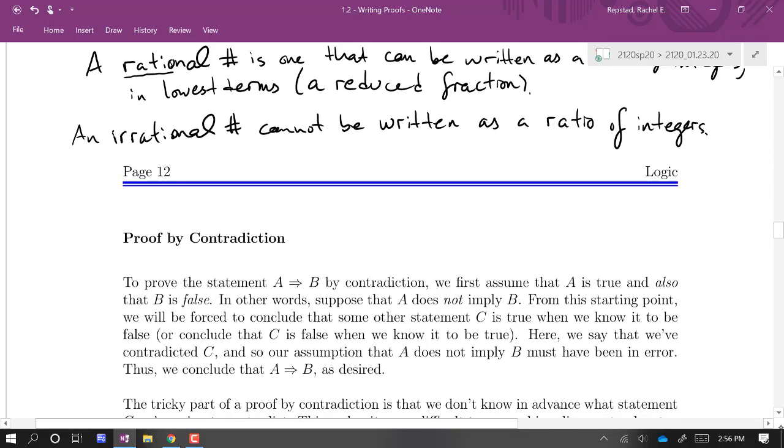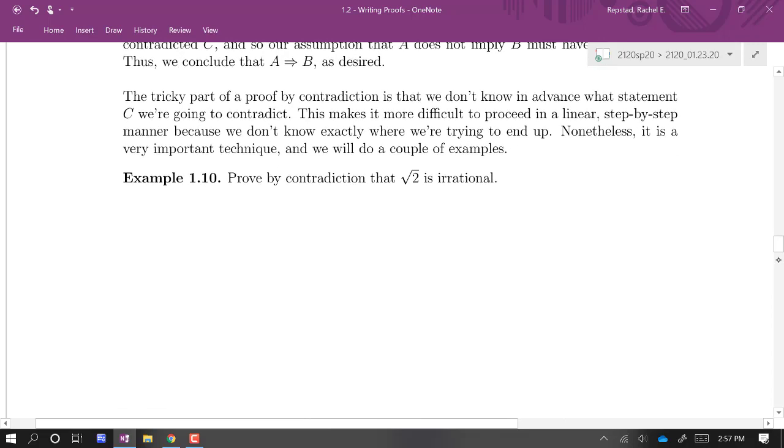Okay, so now I think we have the foundation to go on here. We're going to prove by contradiction that the square root of 2 is irrational. So if I'm proving by contradiction, I'm just going to start out with, suppose it's rational. Like suppose this statement is not true. That means that the square root of 2 would be irrational.